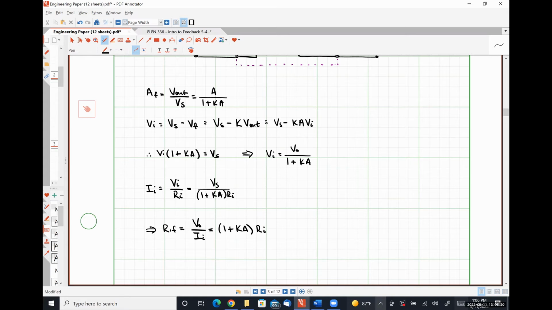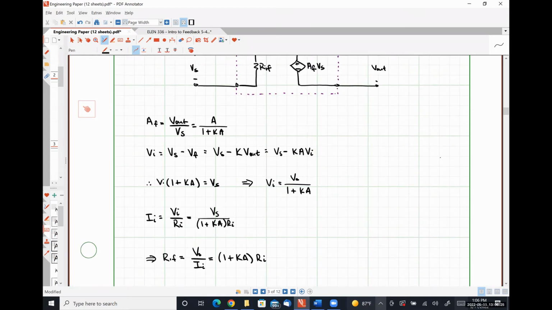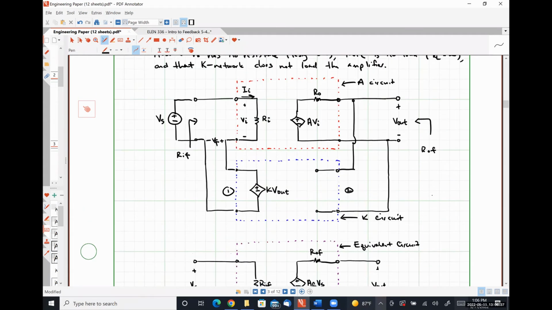To determine our output resistance with feedback for this system, I'm going to scroll up here and we're going to talk our way through this. To determine our output resistance, we have to zero out our signal voltage, as we've always had to do. So we're treating this circuit now as if Vs is equal to 0. And we're effectively going to apply a test voltage source over here on the right-hand side.